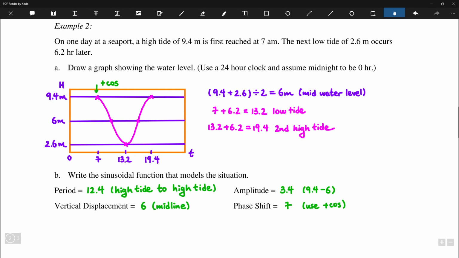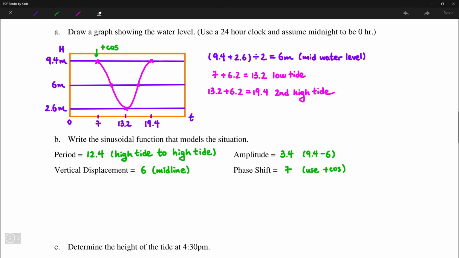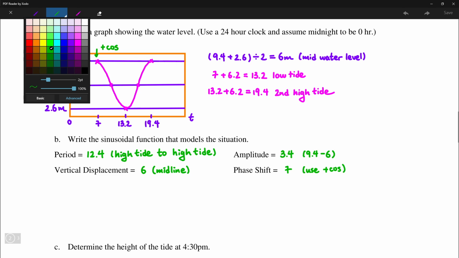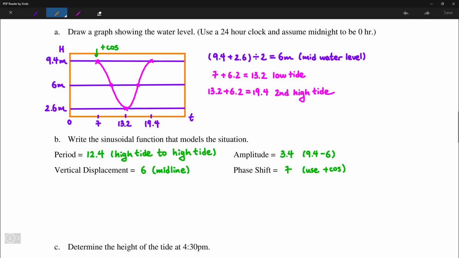So all of this combined, then we have, let's see here, h of t, so height in terms of time, is equal to the amplitude of 3.4, and then this is a cosine function.